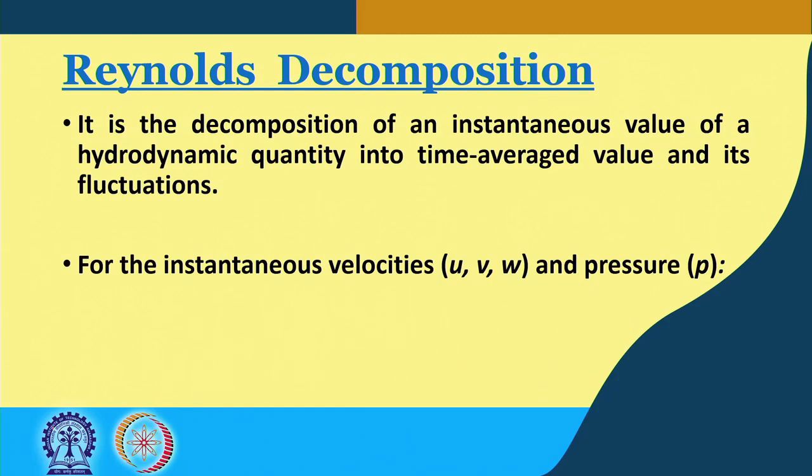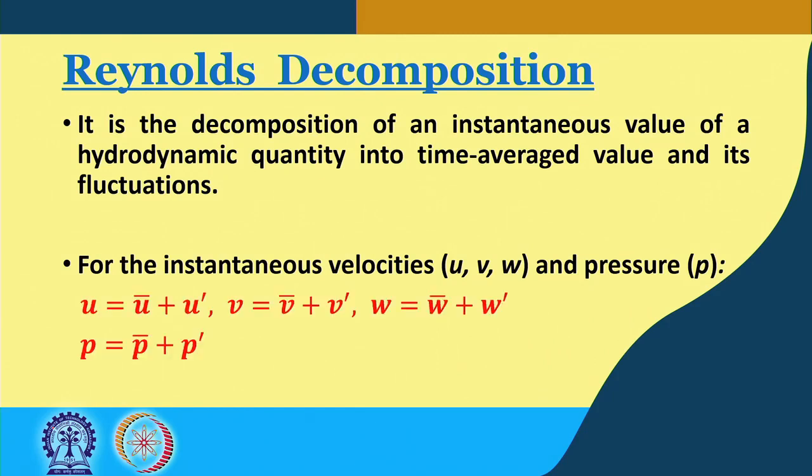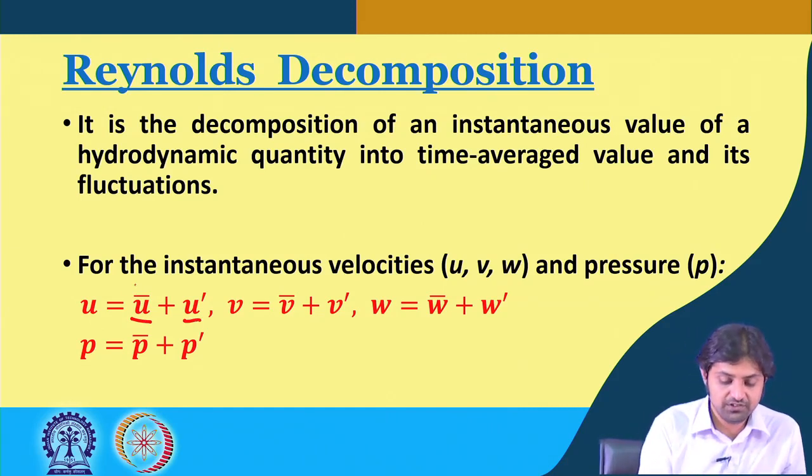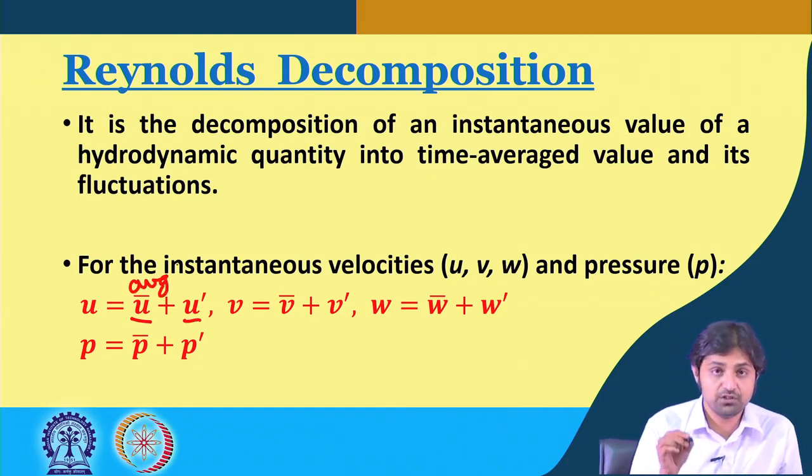So here we see, for the instantaneous velocities u, v and w and pressure P, u can be written as u bar plus u dash.